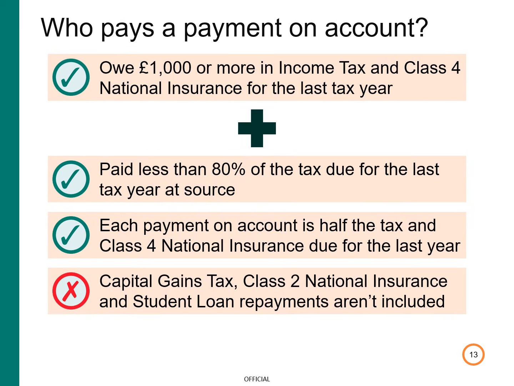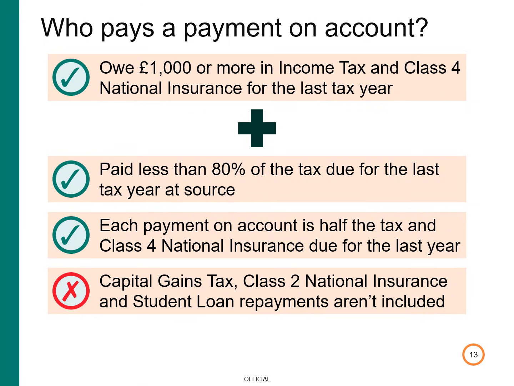So when do payments on account apply? Firstly, you have to owe £1,000 or more in income tax and Class 4 national insurance for the last tax year. We then look at the tax paid at source in the last tax year, for example, through PAYE.